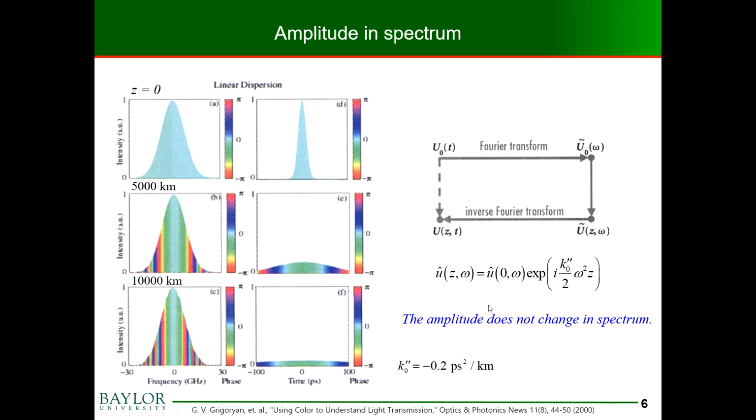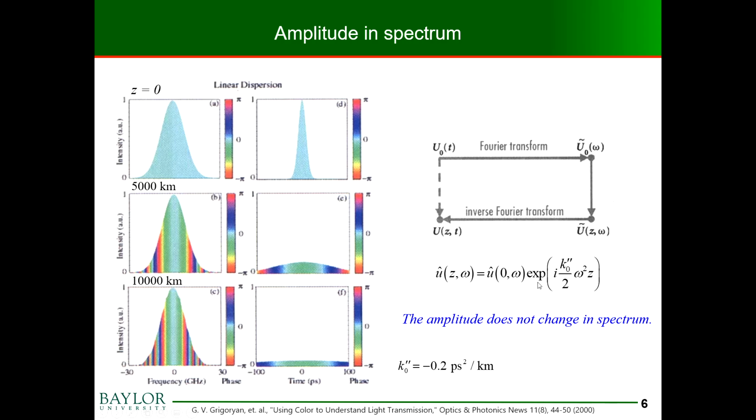But one thing you will see is that once you multiply by this exponential i k₀'' ω² z / 2, this is actually pure phase, right? If I take an absolute value square, guess what? The absolute value of exponential i something is going to be 1, because exponential i theta equals cosine theta plus i sine theta.